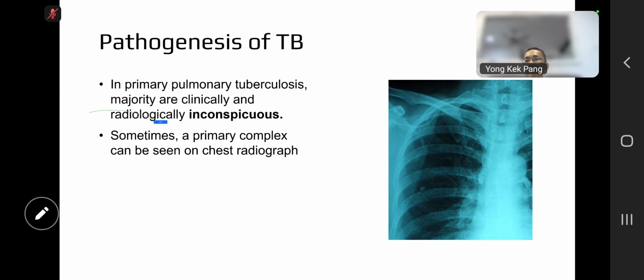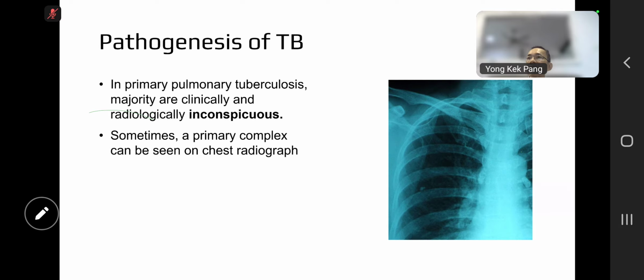So you can see, like in this chest X-ray, the only abnormality that you are seeing is between the upper and middle zone of the lung field. What you see is that there is a calcification at the peripheral part of the lung field.